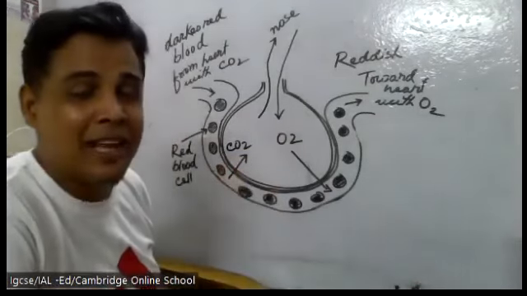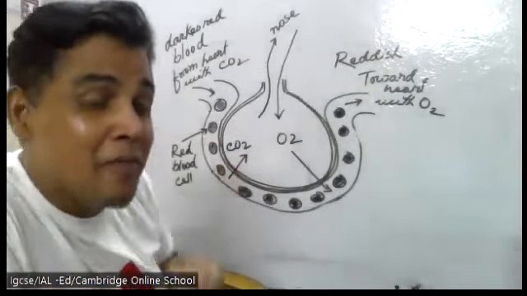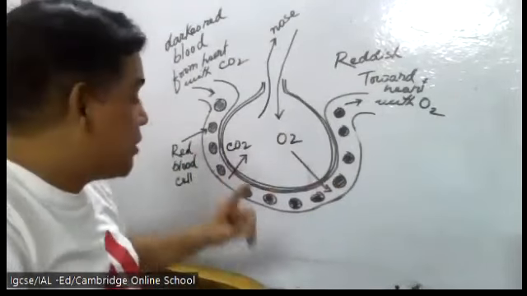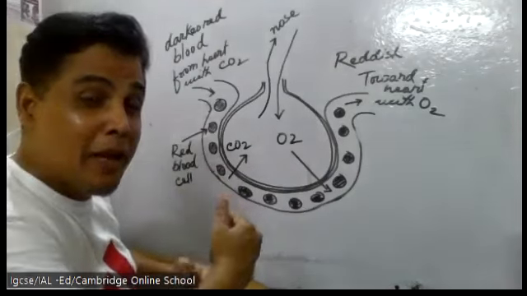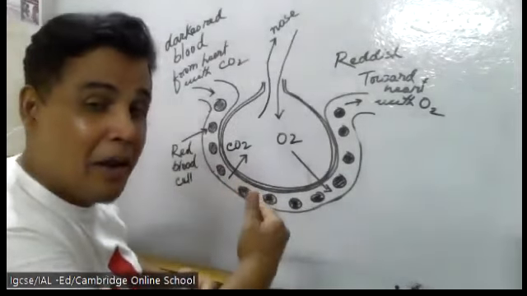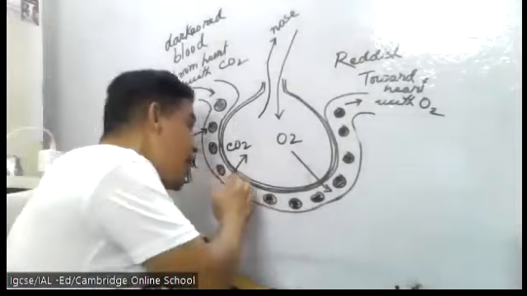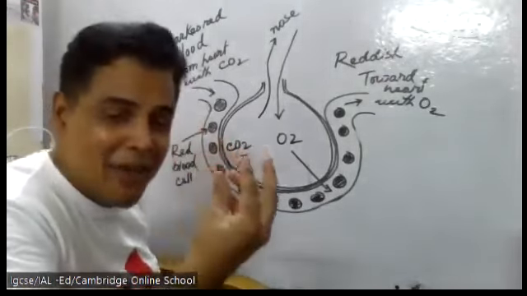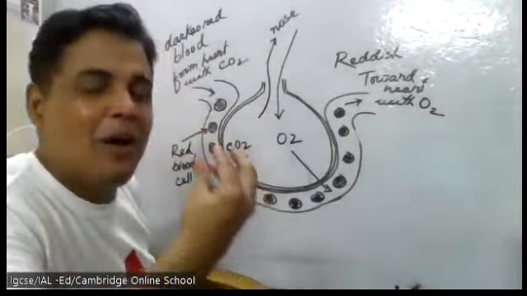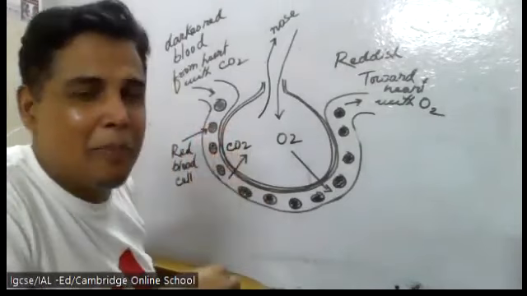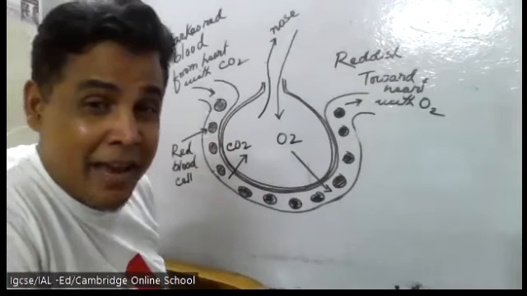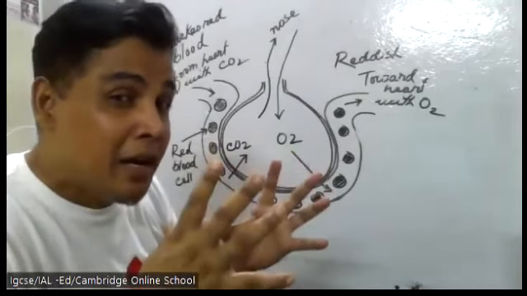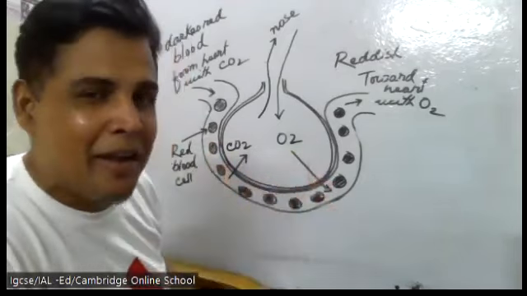Small air sacs. What is diffusion? From higher to lower. So this carbon dioxide, finding comparatively less density of carbon dioxide, enters into the alveoli, air sacs, or small unit of the lungs. You need to understand the whole lungs don't work at a time.